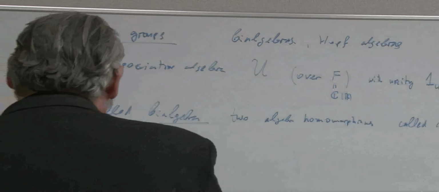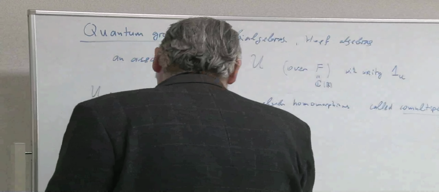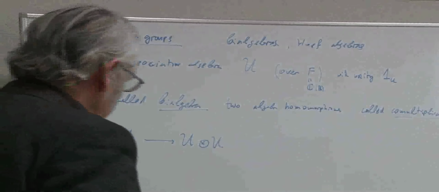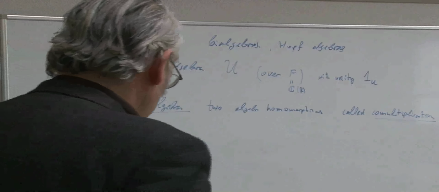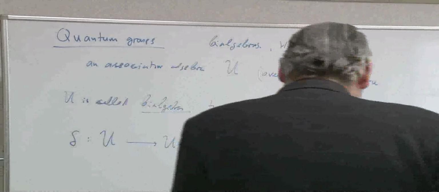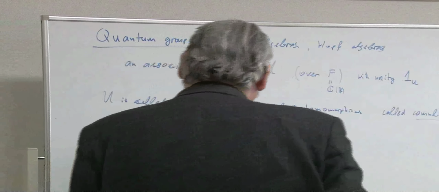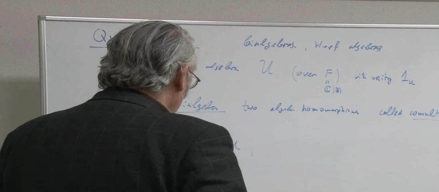So delta is a map from the algebra into the tensor product of the algebra. Now I hope that you have passed linear algebra and know what a tensor product is, because otherwise we cannot progress. And so to each element there is such an element.